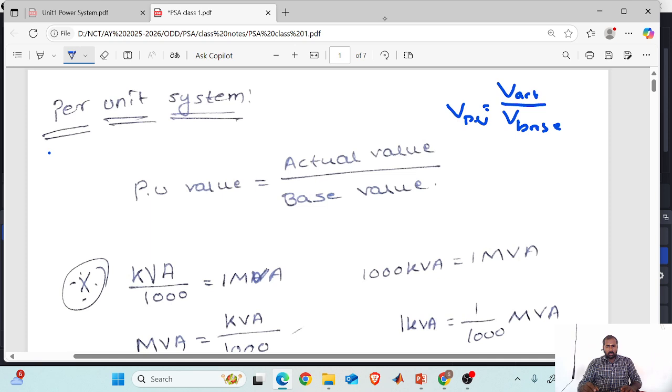The units of both numerator and denominator will be volt or kilovolt, so V and V get cancelled, and finally you get the per unit quantity of the voltage. The unit is per unit, the common base value, a unitless quantity.